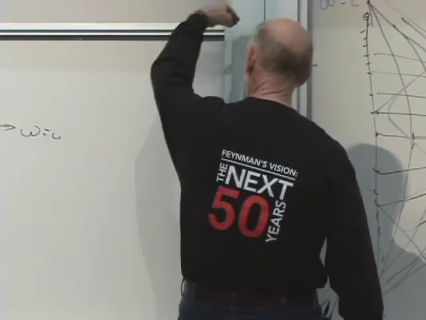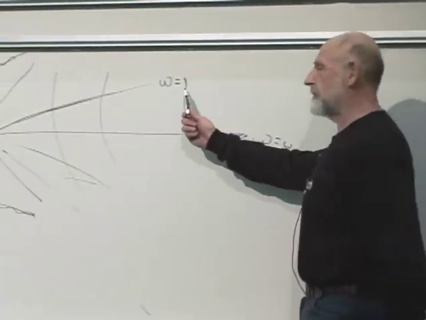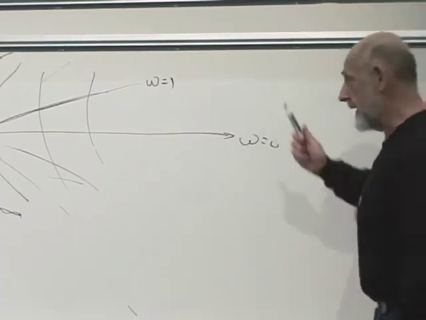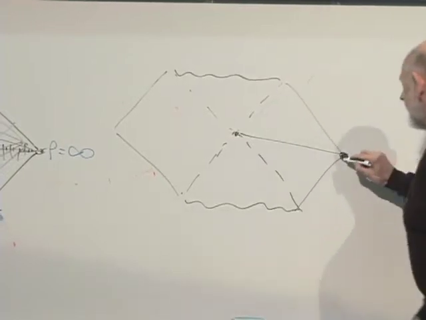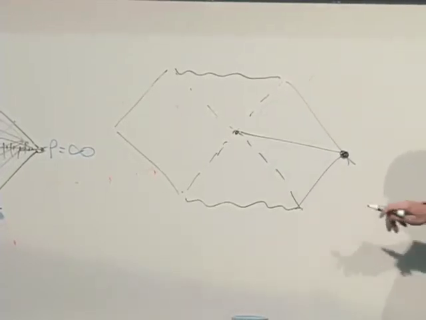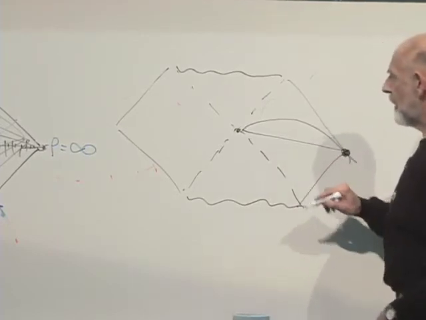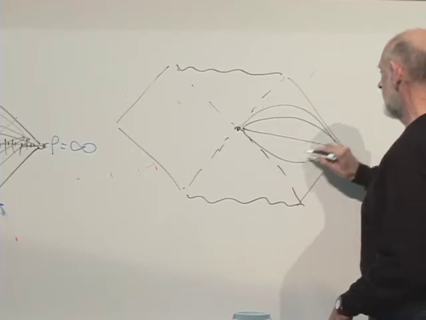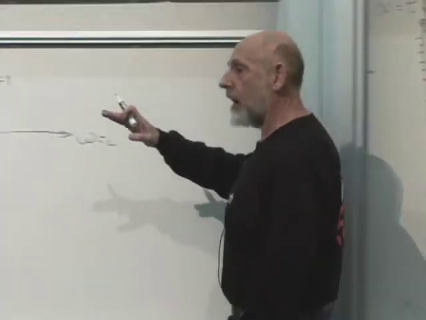And notice, in either case, you wind up sort of in the same place. You wind up going out to r equals infinity. R equals infinity has all been smushed down to here. So where do you go? You go out to here. Likewise from here. That's the sequence of different times.